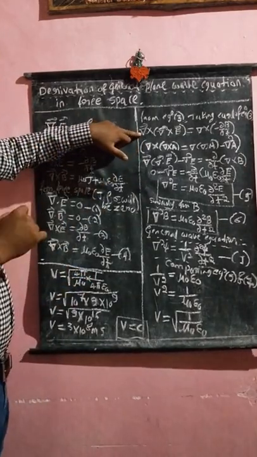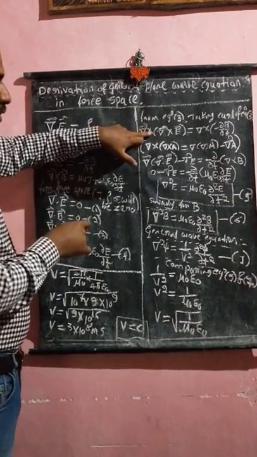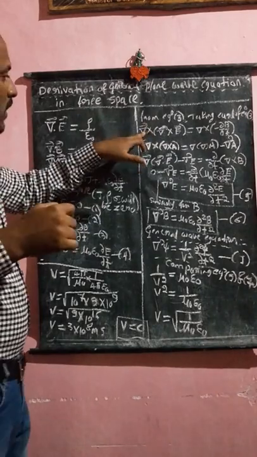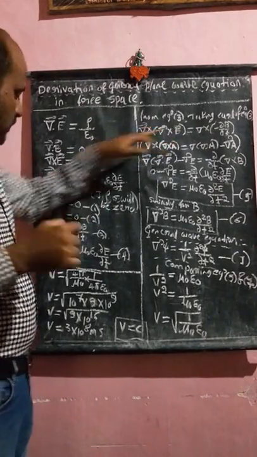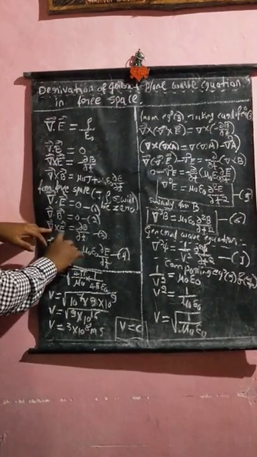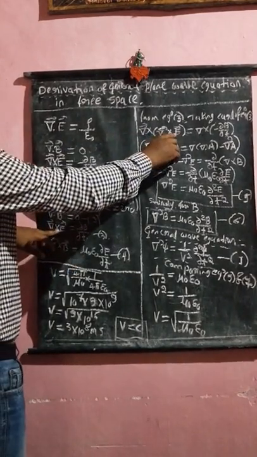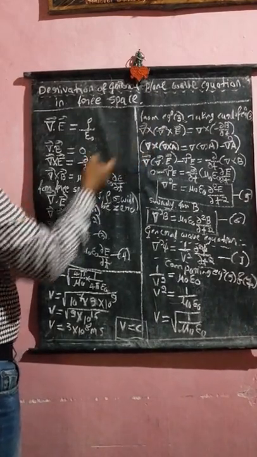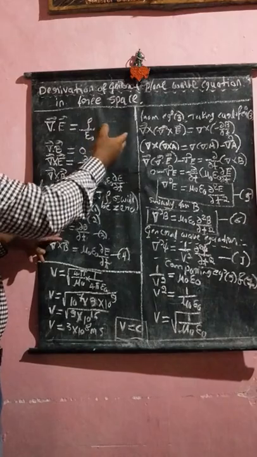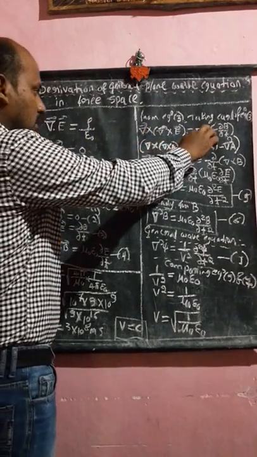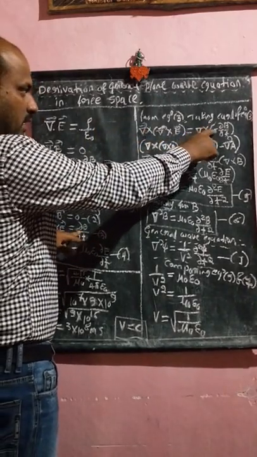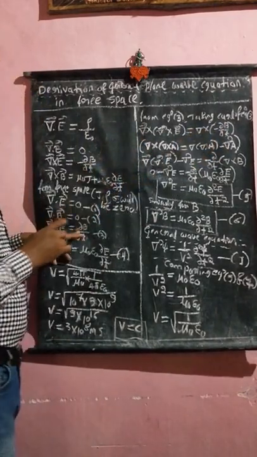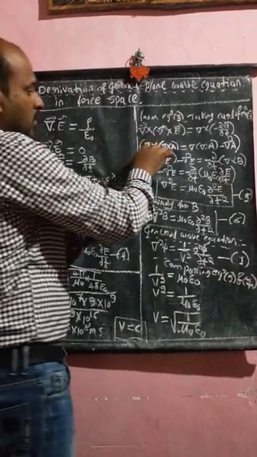Taking del cross on both sides: del cross (del cross E) is equal to minus dou B divided by dou t, with del applied.